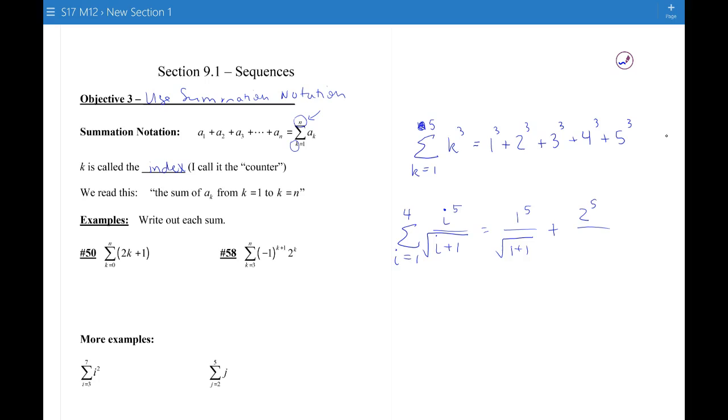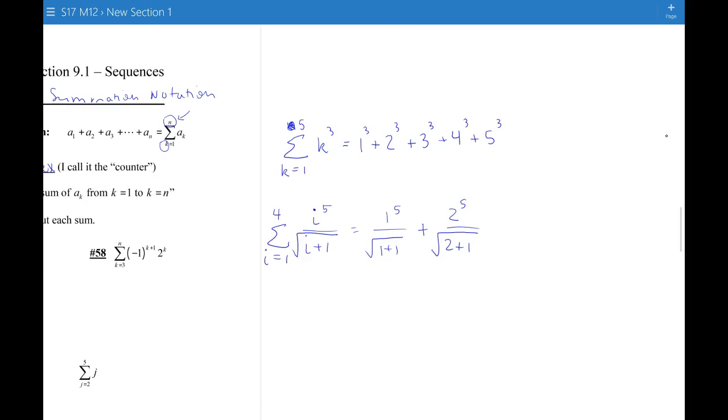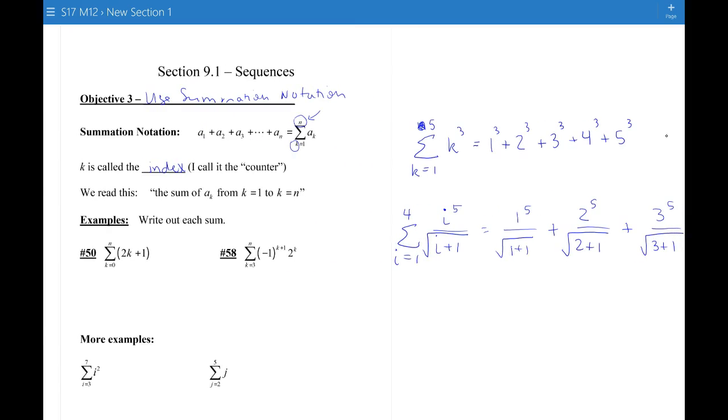So I'll have 2 to the 5th over 2 plus 1 inside the square root. Plus 3 to the 5th over 3 plus 1 inside the square root, plus 4 to the 5th over 4 plus 1 inside the square root. So hopefully those examples will help get you the idea of what the symbol means.